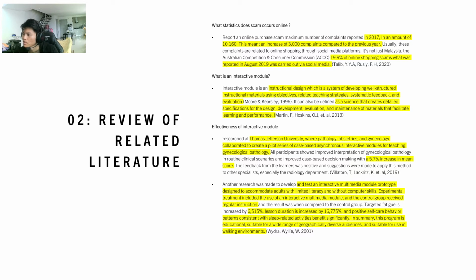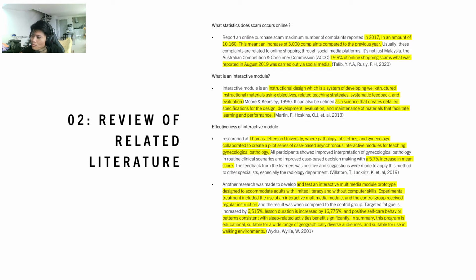At Thomas Jefferson University, pathology, obstetrics, and gynecology collaborated to create a pilot series of case-based asynchronous interactive modules for teaching gynecological pathology.